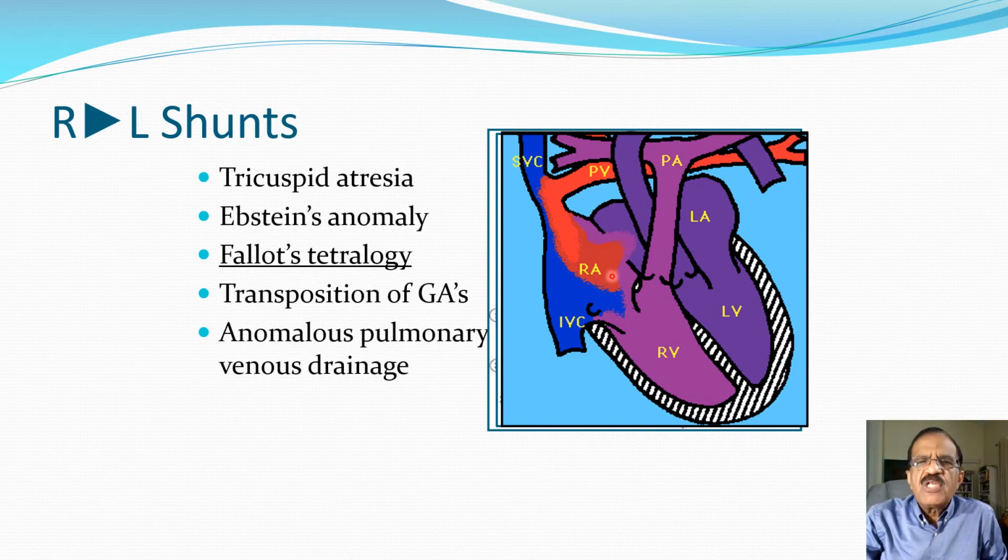The right atrium drains the pulmonary blood and the left atrium drains the systemic blood. So again, there will be cyanotic heart disease. They're all serious diseases, and the child is likely to be born with cyanosis or will develop cyanosis immediately after birth, but in Fallot's tetralogy typically cyanosis develops after the first year of life.